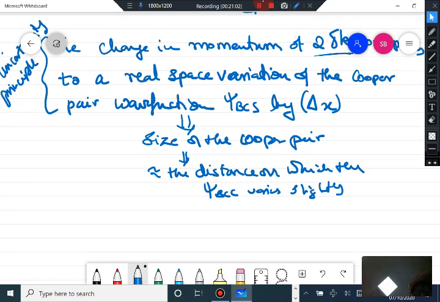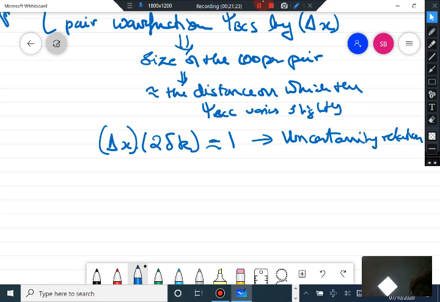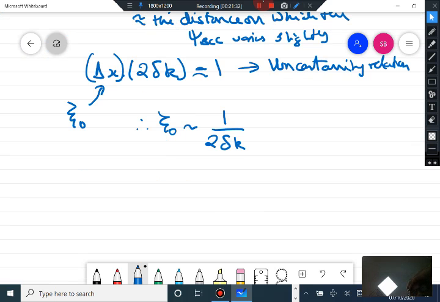Okay, so δx times 2δk is the one, okay, uncertainty relation. And this is your coherence length. Therefore, ξ0 is 1 by 2δk.